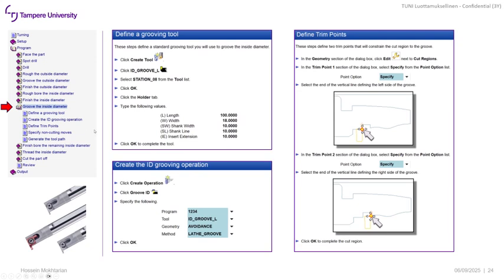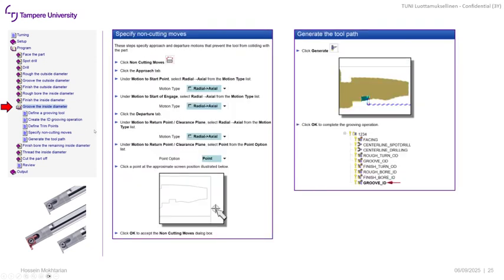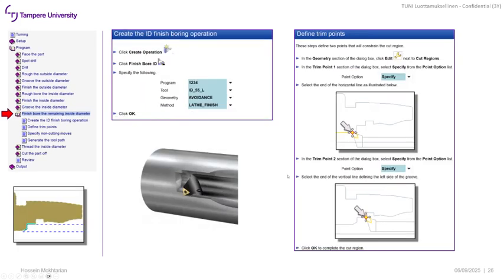So this was about the groove and non-cut movements of the groove itself, and now we have the finish bore, or finalizing the rest of the places. As you remember, we have only covered this curvature first, and now we have to create the bore.